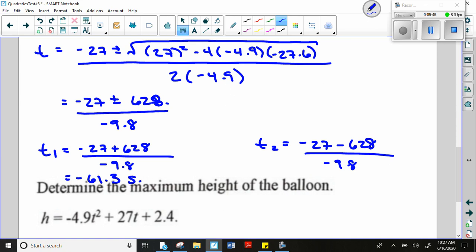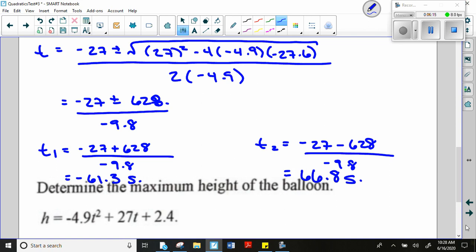You can't have negative time. Let's just go to the other one and see what happens. My diagram of awesomeness might have been a diagram of not awesomeness. So we're going to have to check this on Desmos in 2 seconds. Then I got 66.8. So that one I feel good about.